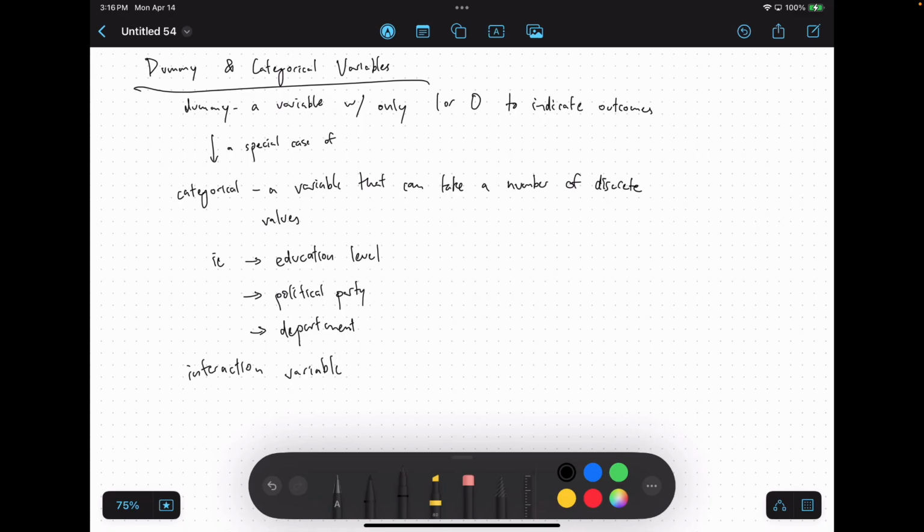It'll make the interpretation of an interaction variable a little bit easier when we're thinking of it with dummies or categoricals. But generically, this is 3 or more variables whose influence is not additive.